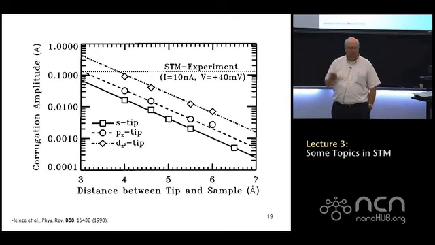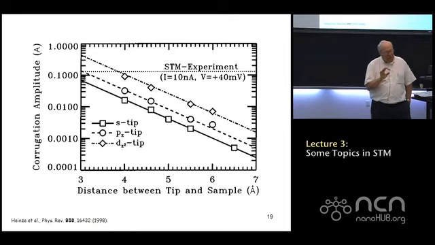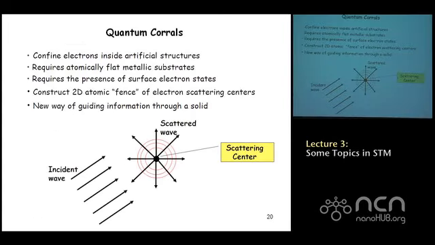So I like this because it emphasizes how detailed the information is that this thing we call an STM is capable of giving. It really requires a very sophisticated appreciation of the quantum mechanics, how the states from the substrate couple to the states of the tip. Right? Okay?